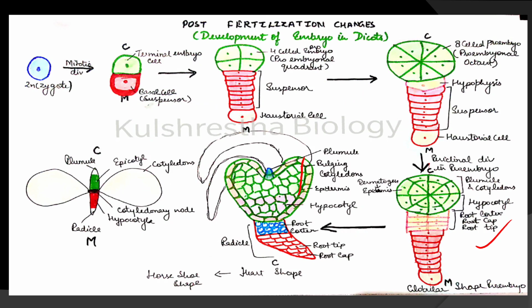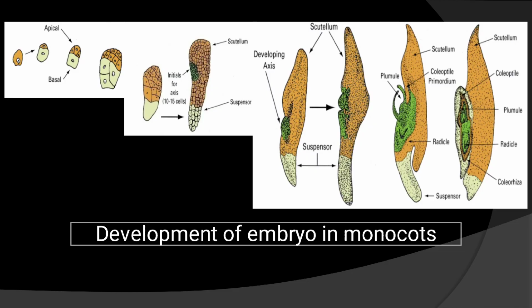Okay guys, now move on to the next one, that is the development of embryo in monocots. Till the globular stage, the development is same in monocot embryo as well as in dicot embryo. This is the embryo of corn.